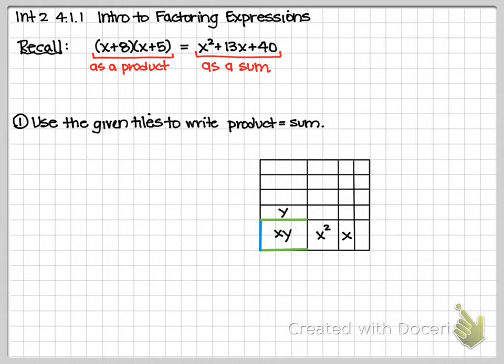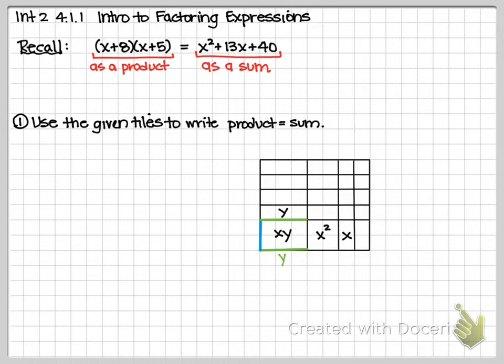Well, that green length, based off of the fact that it is the longest side on the Y tile, I know that that green length is going to have to be Y, which means I can drag that green length of Y all the way down.